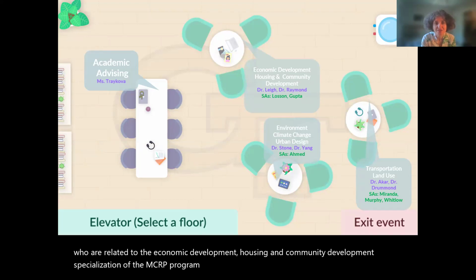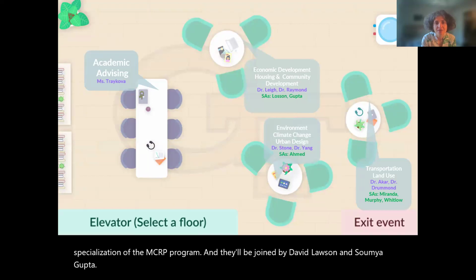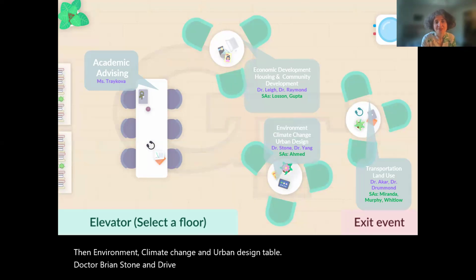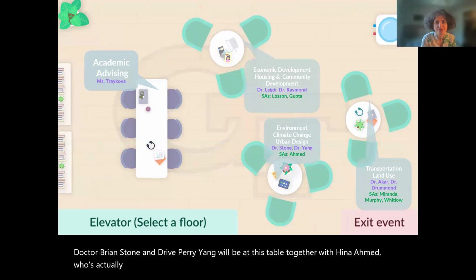And they'll be joined by David Lawson and Sumya Gupta. Then environment, climate change, and urban design table, Dr. Brian Stone and Dr. Perry Yang will be at this table together with Hina Ahmed, who's actually a PhD student in our program. She's very involved with urban design.